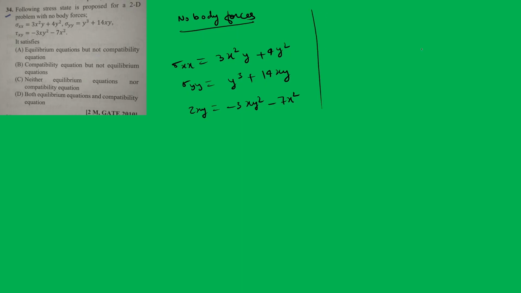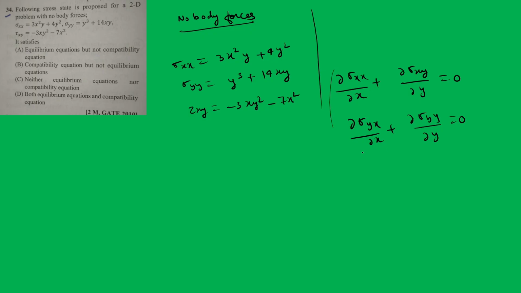We already know the equilibrium equation in the absence of body force, and for 2D, what would that be? Dou sigma xx by dou x plus dou sigma xy by dou y is equal to 0, and then dou sigma yx by dou x plus dou sigma yy by dou y is equal to 0.